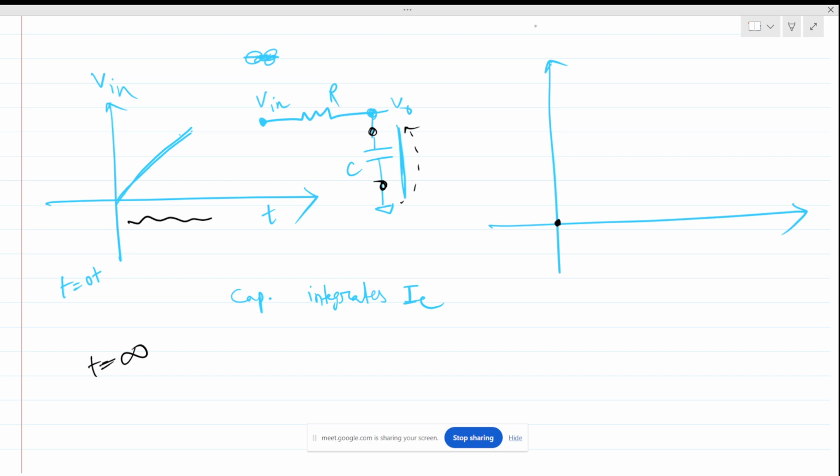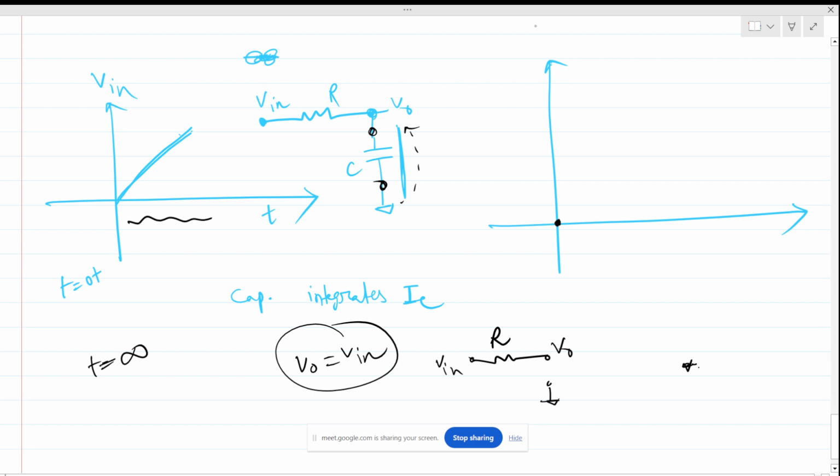So this will be open circuit, and now V out will be V in, right? So V out equal to V in, right?